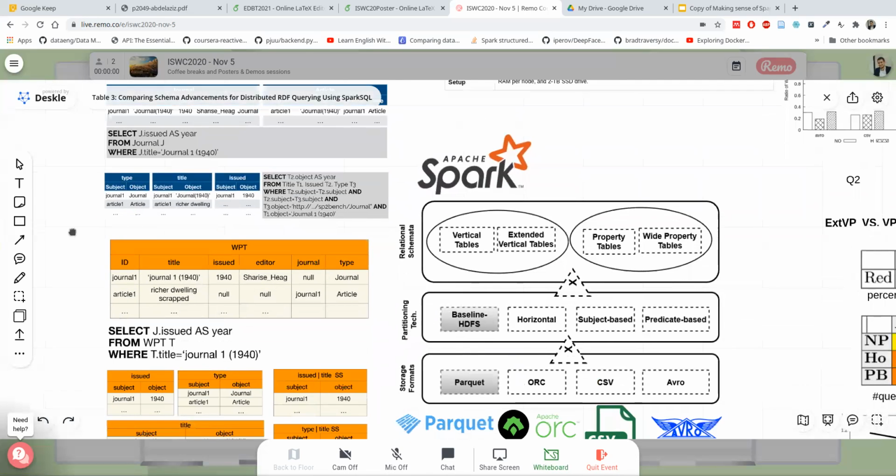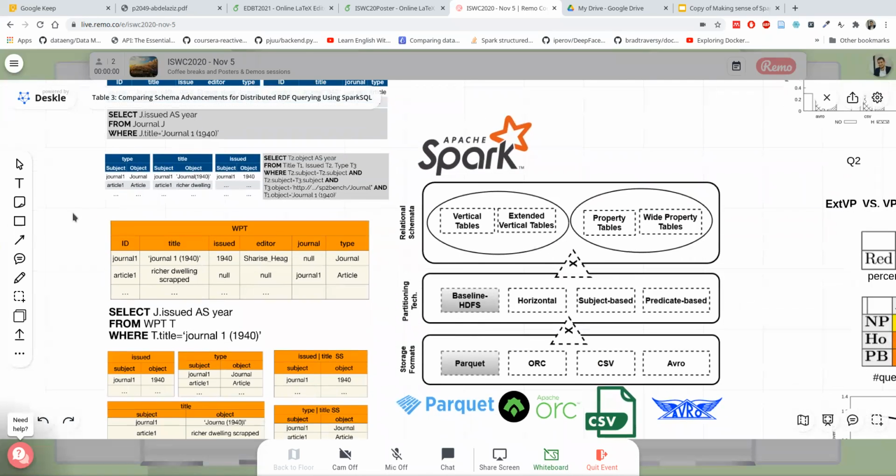In this paper, we aim at validating two further improvements of relational schemata proposed for Apache Spark. First of all, the wide property table, WPT, extends the property table schema by considering the whole dataset in a single wide table with a row for each subject and their respective flattened predicates.